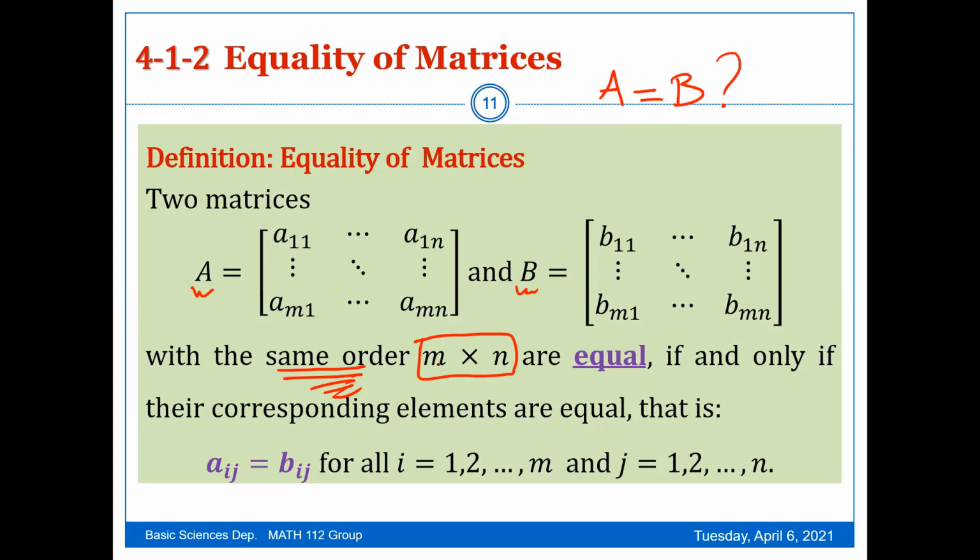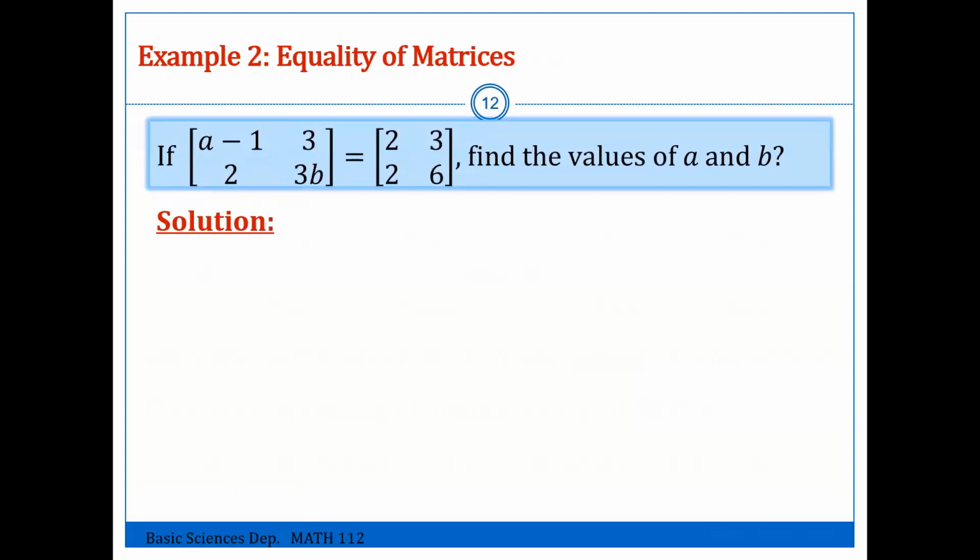Two matrices are equal if they have the same order and if elements at the same position are equal. For every i and every j, the element in position ij of A equals the element in position ij of B. It means A11 must equal B11, A12 must equal B12, A13 must equal B13, and so on until the end. So let's see an example.